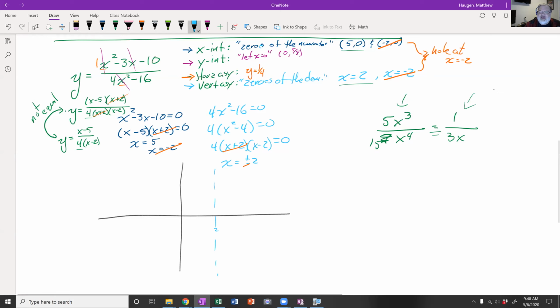We're going to have that x-intercept at 5, so x-intercept at 5, and nowhere else. That horizontal asymptote at 1/4. So that's at 1/4. So my y scale is quite broad.